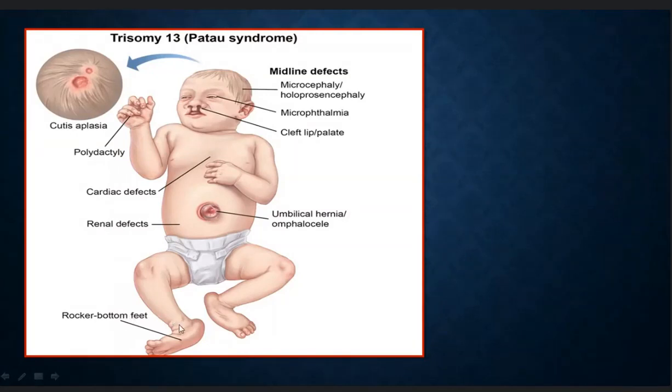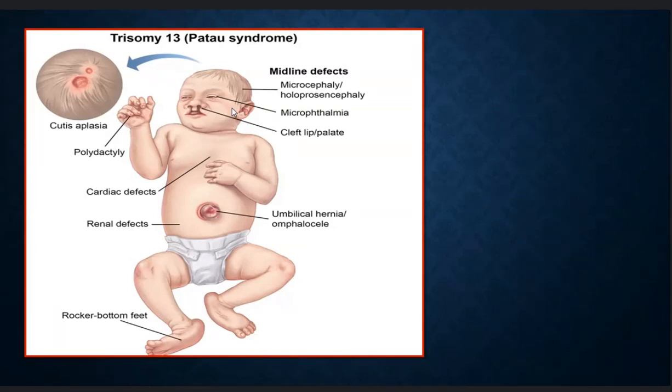Internally, congenital heart disease in the form of ASD, VSD, or PDA, the same as in Edwards syndrome. And renal defect also may be present. We said the incidence of those patients is 1 in 10,000, and it may reach 1 in 20,000.